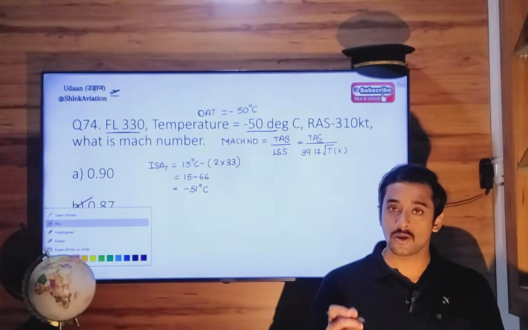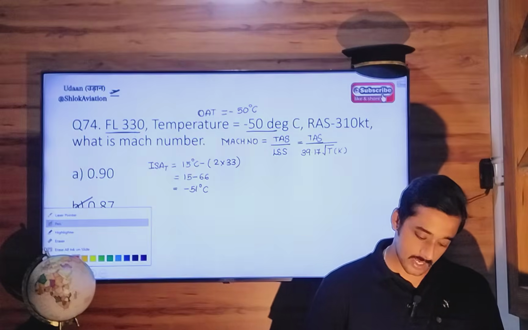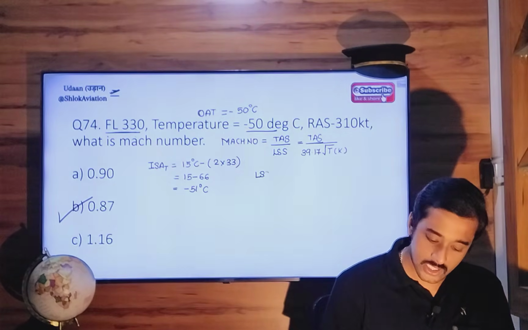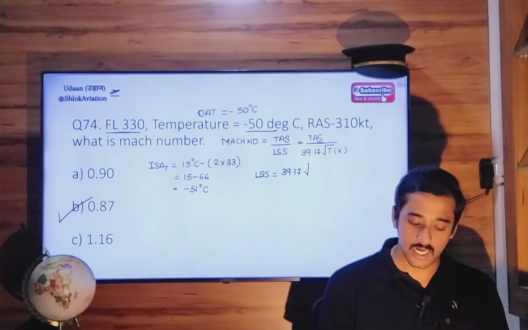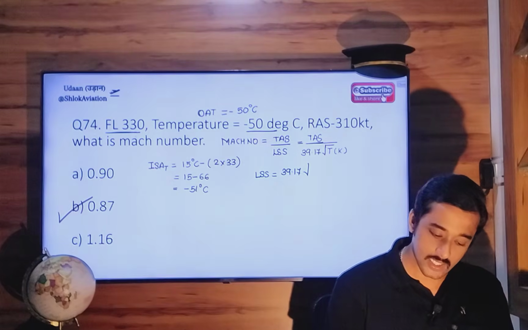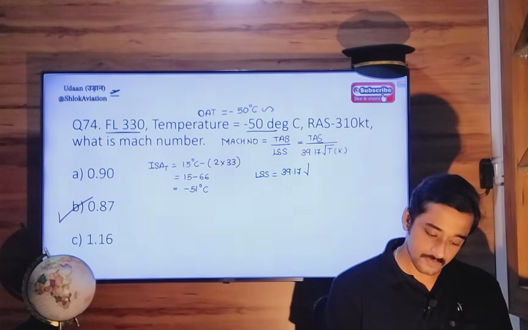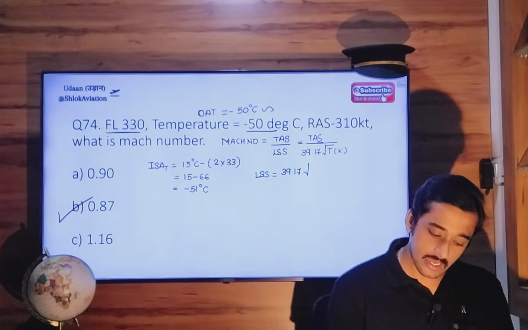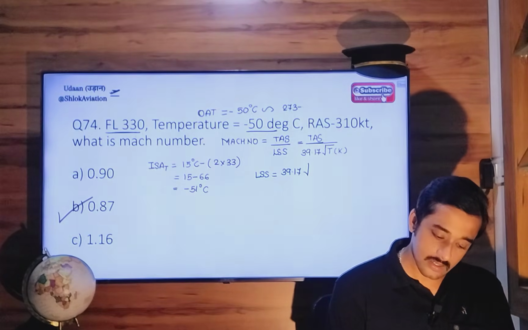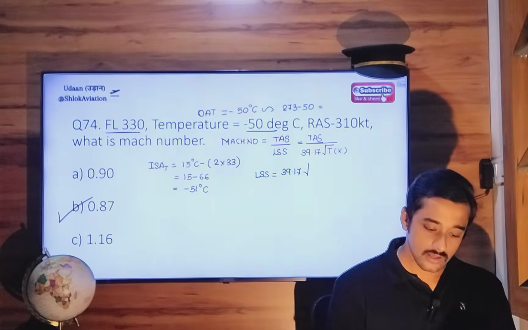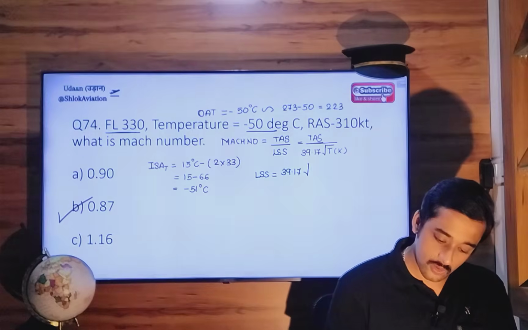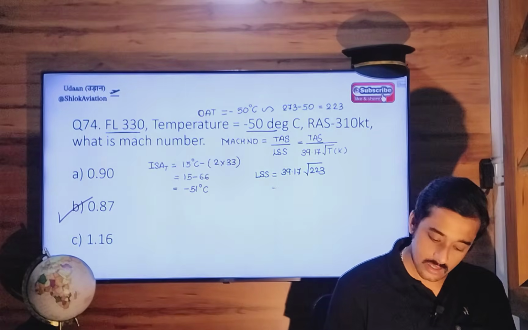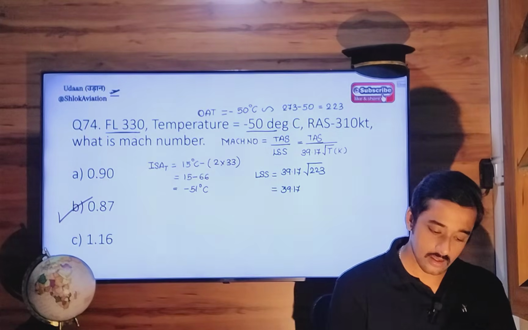Now I will show you how to calculate this sum using the mathematical formula. First, let's find local speed of sound, which is 39.17 square root of temperature in Kelvin. What is the outside temperature? It is minus 50 degrees Celsius. In Kelvins, it will be 273 minus 50, so 223.